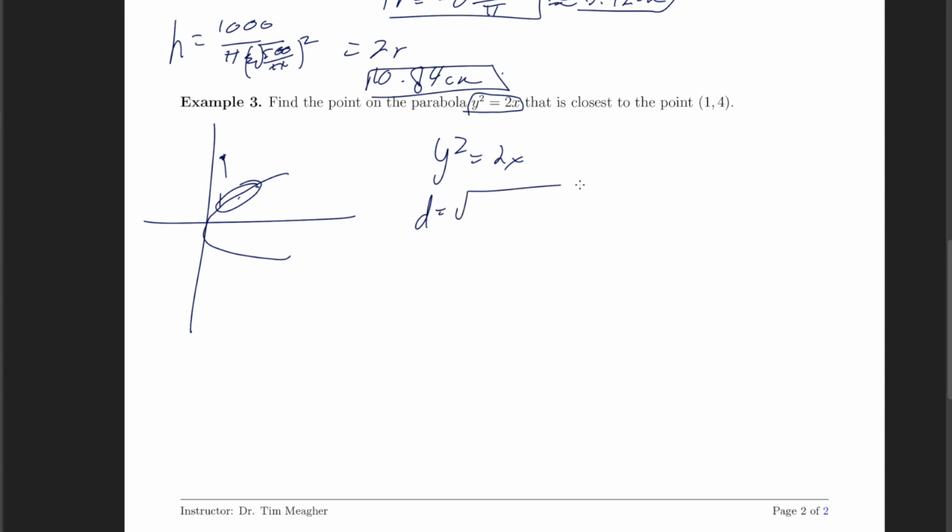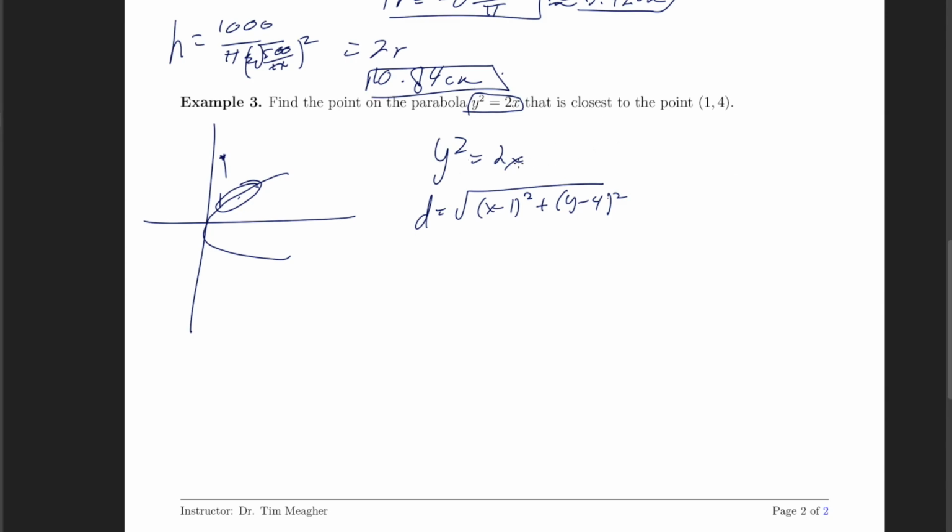Distance is equal to the square root of (x minus 1) squared plus (y minus 4) squared. Here, this is our point (1, 4), and we're going to have some point (x, y) that must satisfy this equation.